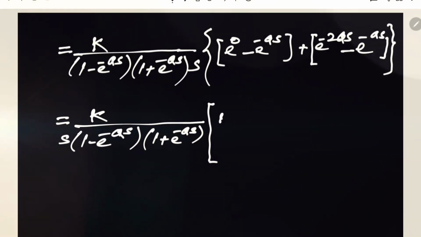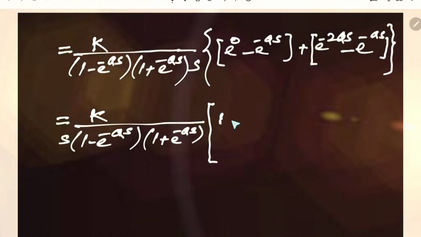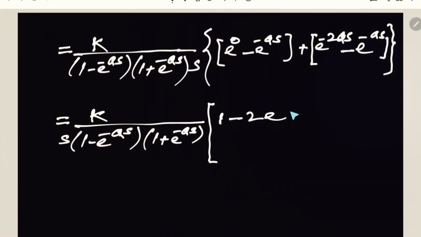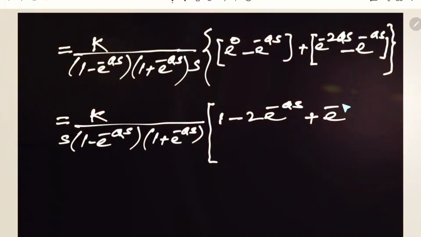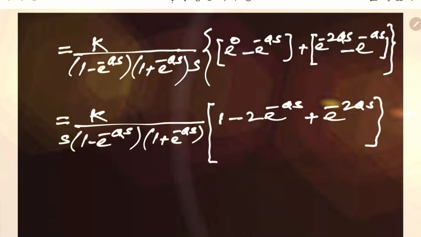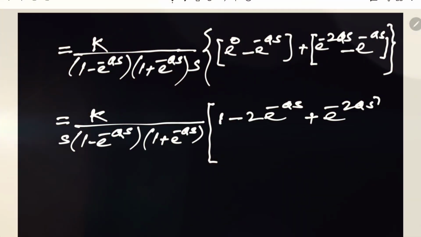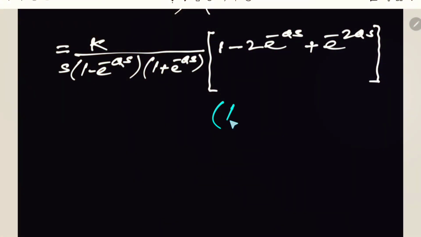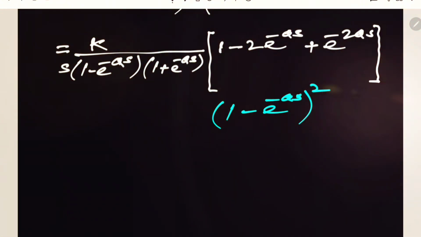Then substituting the value of e raised to 0, which is 1. There are two terms of e raised to minus as with minus sign, therefore the addition is minus 2 times e raised to minus as, and plus e raised to minus 2as. It is a square minus 2ab plus b square type of term, nothing but a minus b whole square, therefore 1 minus e raised to minus as whole square.